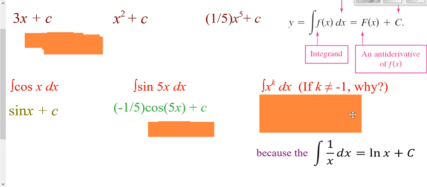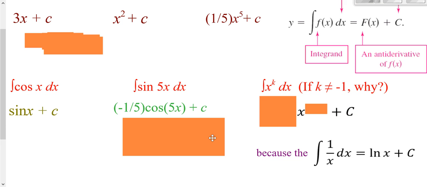So in general, when you integrate, you're going to have your plus c. Your exponent's going to go up by 1. So then you got to think, what do I have to have in front to offset that? Well, that would be 1 over whatever that new exponent is. And this always works except when your exponent is negative 1, because the integral of 1 over x, if you increase your exponent by 1, you would get x to the 0.